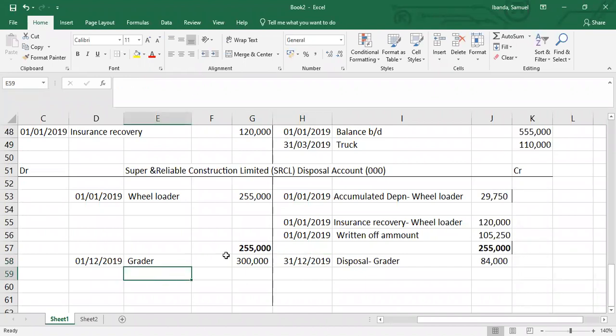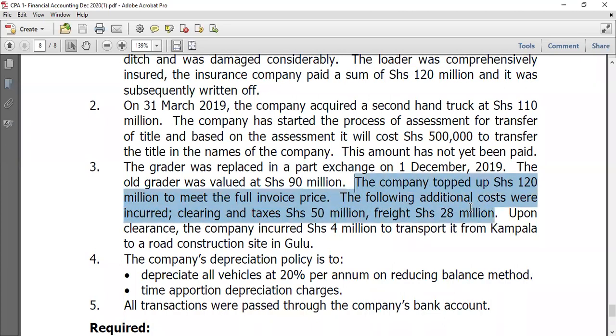So once you've done that, you now go ahead to recognize what exactly happened with this asset. So they're saying the company topped up 120 million. First they're saying the old grader was valued at 90 million.